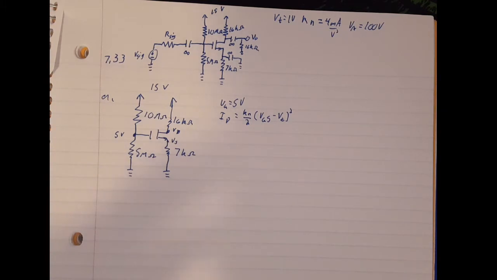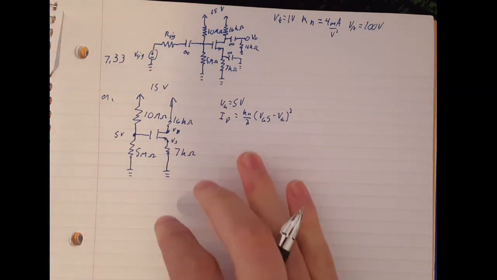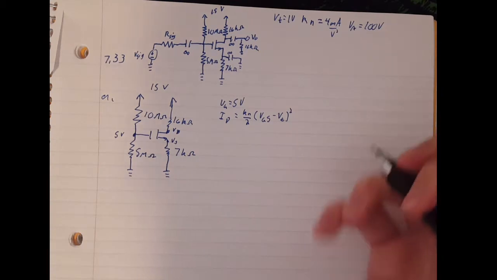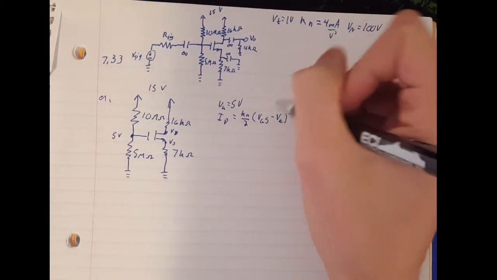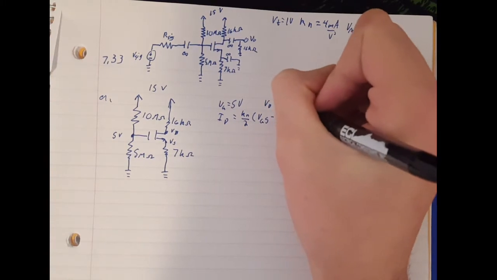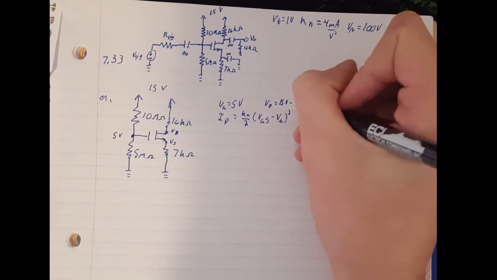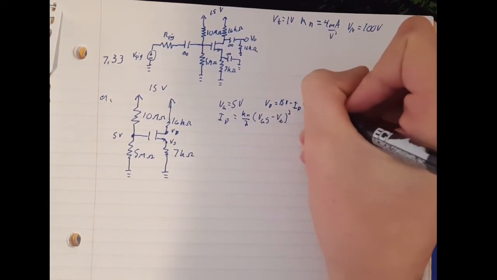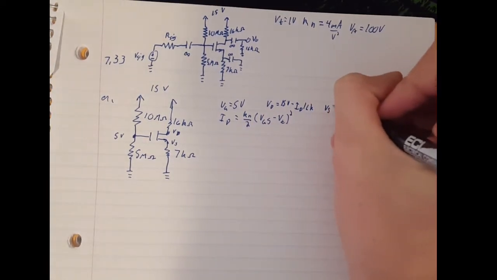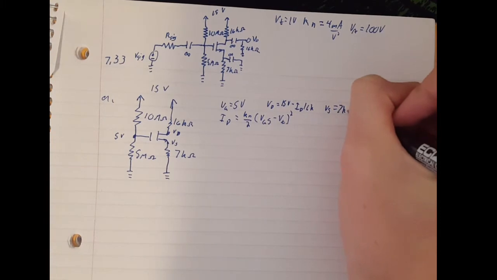And we're assuming this is in saturation, and we're going to have to go back and test to make sure it's in saturation after we find these values. So assuming this, we can get VD equal to 15 volts minus ID times 16 kilohms, and VS equals 7 kilohms times ID.